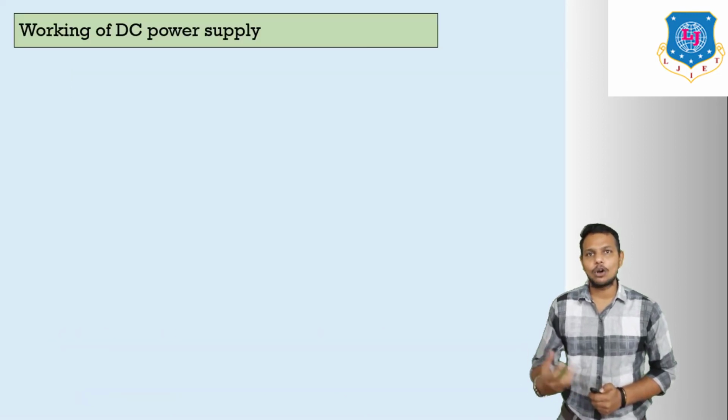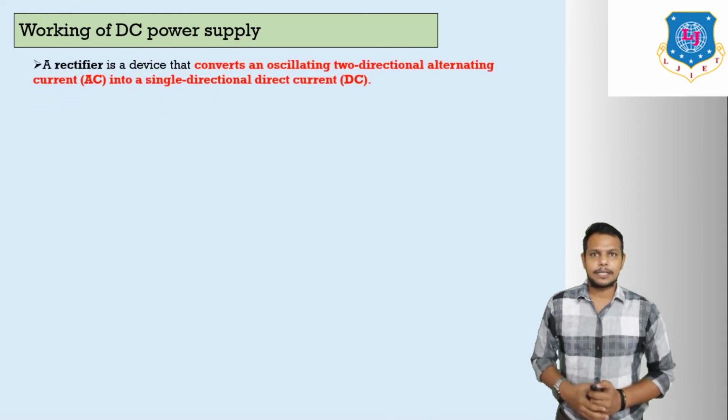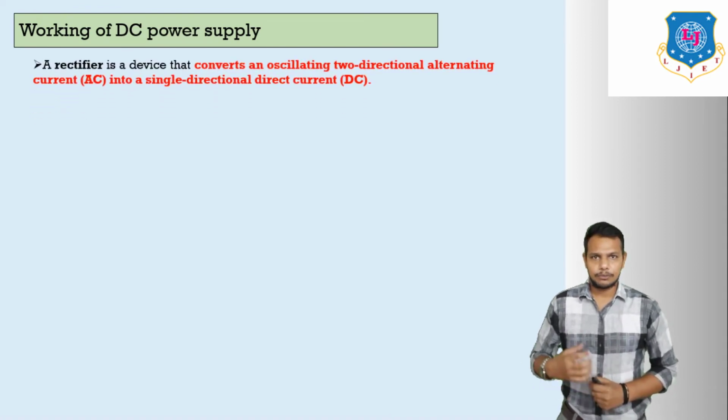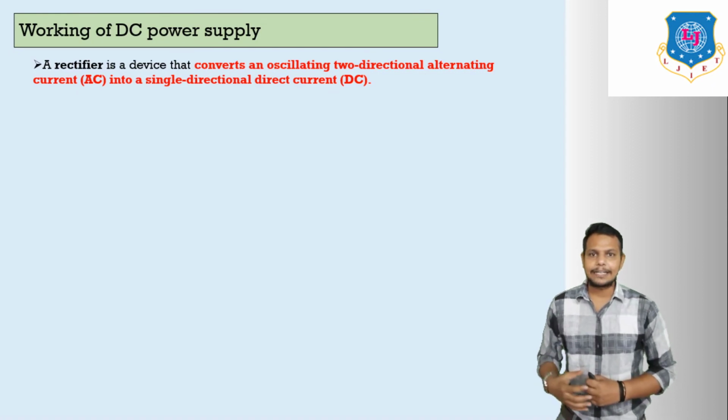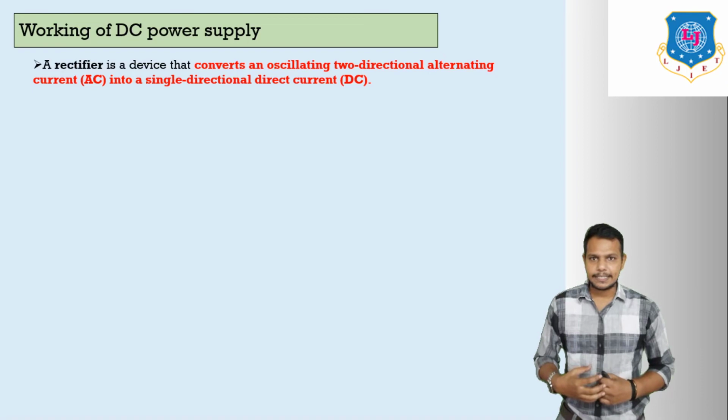Now next, working of DC power supply. First is the rectifier. The rectifier converts oscillating, two-directional alternating current AC into single directional direct current DC. In short, what converts AC to DC is known as the rectifier.